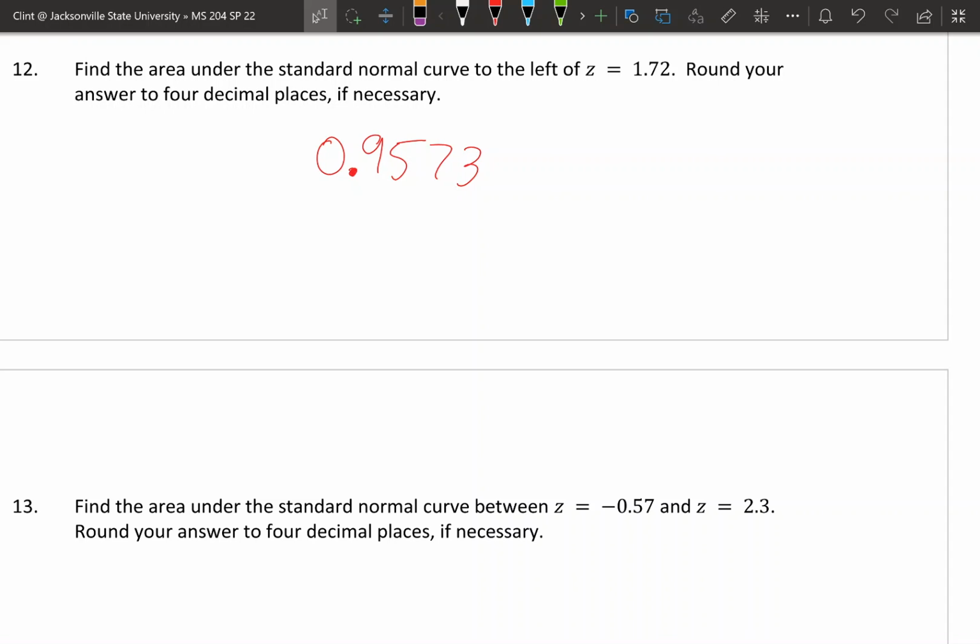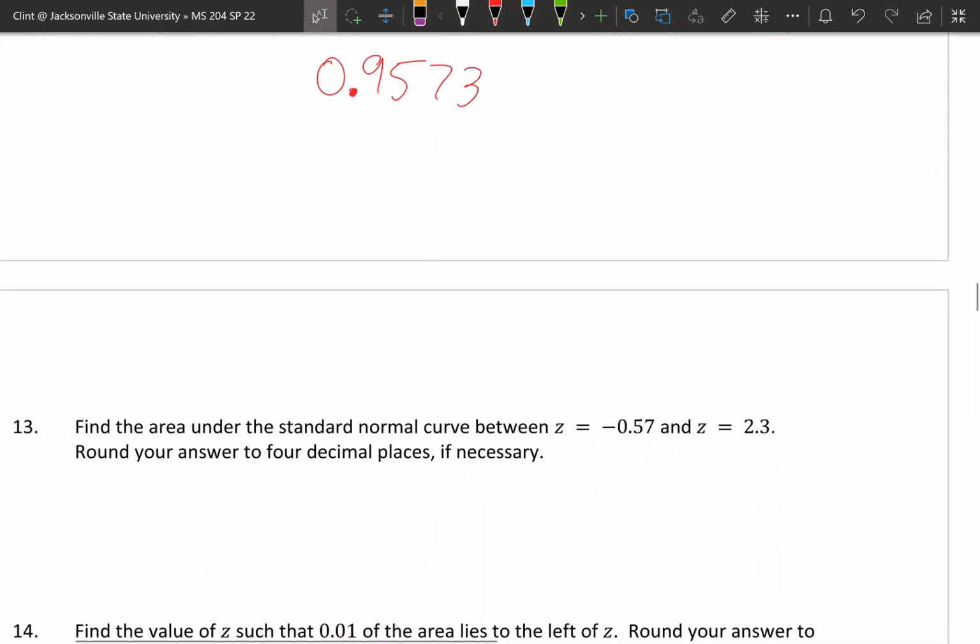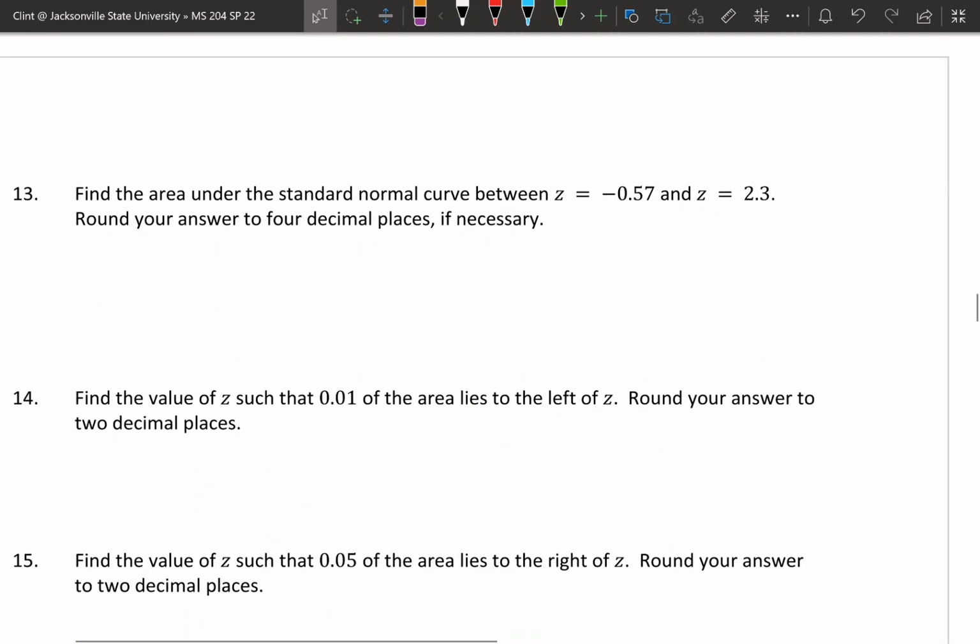13 says find the area between these two z's. So to find the area between, we just look both of them up, and then we subtract the areas. So first one we got negative 0.57. Let's see, negative 0.57. Get 0.2843. And the other one is 2.3, so that would be 2.30. We get 0.9893.